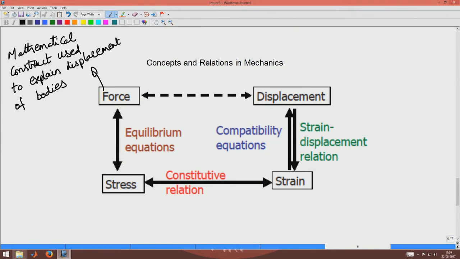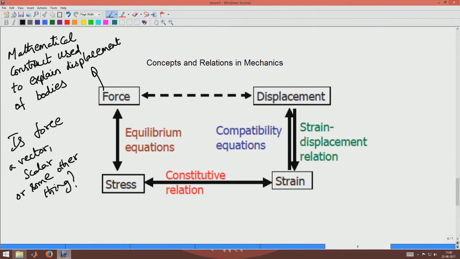Now, let us understand what kind of a mathematical quantity force is. Is force a vector, a scalar, or some other thing? How do you know what it is?